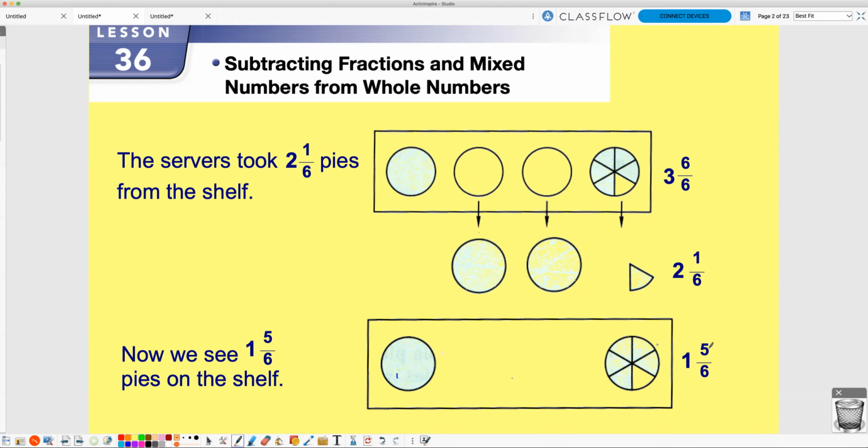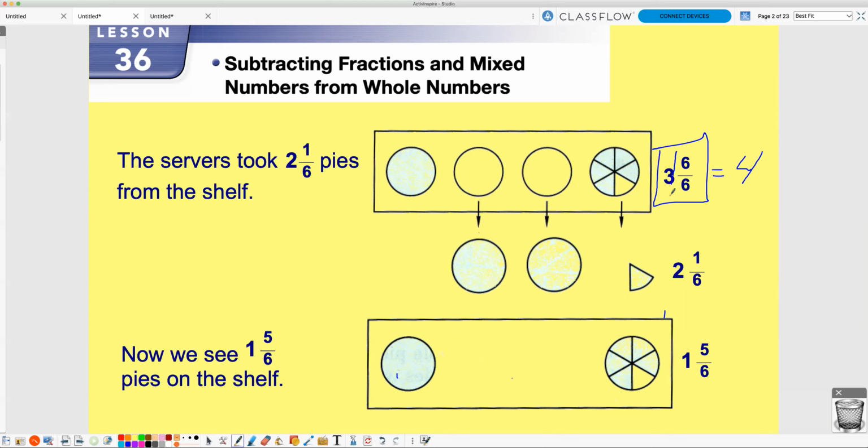So that's 5/6. So the remaining portion out of those 4, you have 1, 2, 3, 4 whole pies, which is the same as 3 6/6. That equals 4 whole pies.